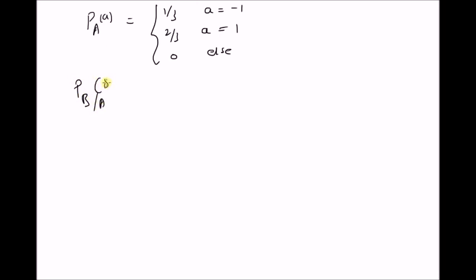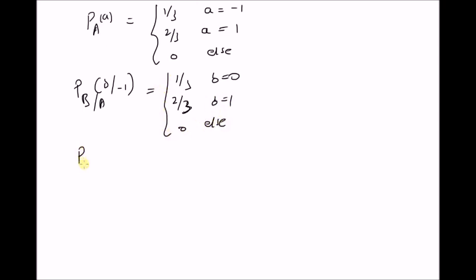So given the marginal probability mass function P_A of A equal to 1/3 for A equal to -1 and 2/3 for A equal to +1, and 0 elsewhere. We also have the conditional probability mass function of B given A. At A equal to -1, it is 1/3 for B equal to 0 and 2/3 for B equal to 1, and 0 elsewhere.